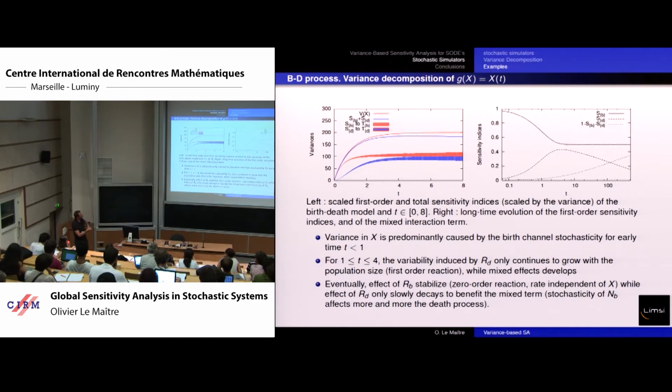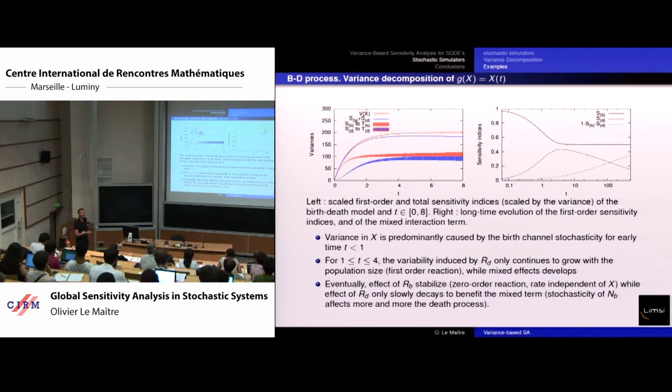The thickness of this line here represents the distance between the first order sensitivity indices and the total order sensitivity indices. So the thickness of the line represents the interaction between the two channels. Okay? And actually, if you run the computation over a very long period of time, here it's a log scale, you see that eventually the contribution of the death channel is going to die.